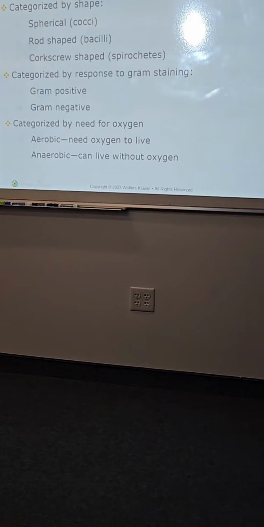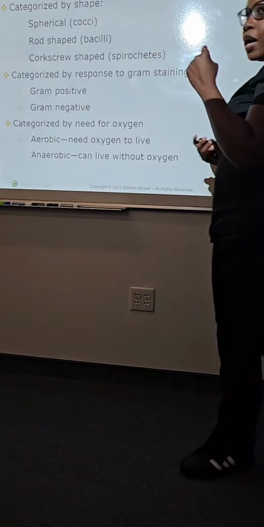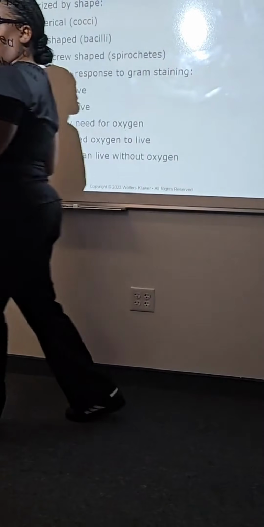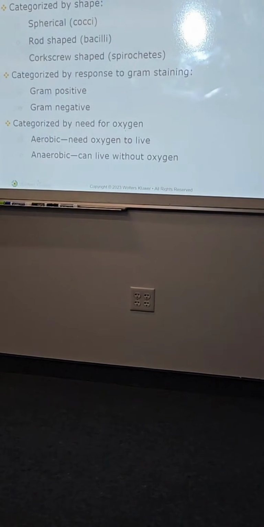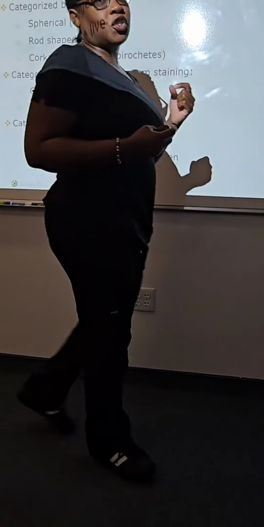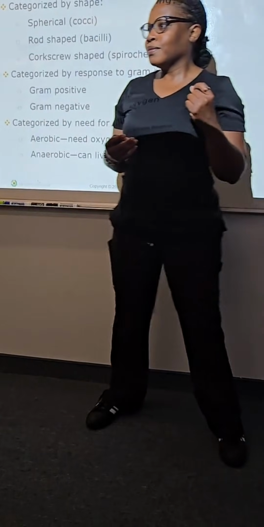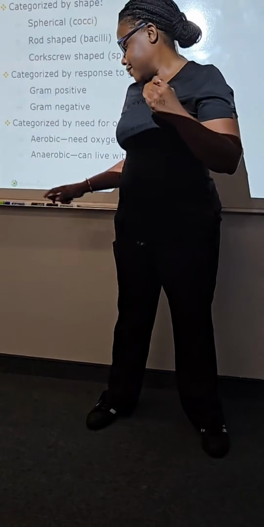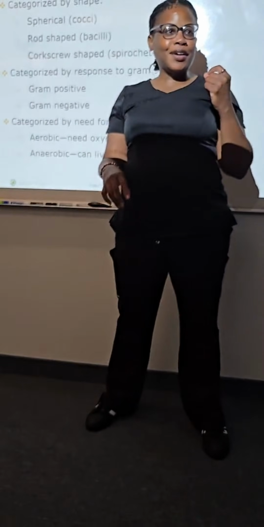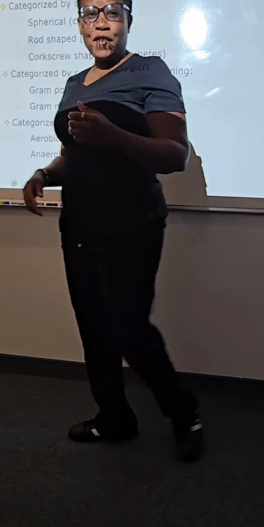If the bug is an aerobic bug, what does that mean, Shayla? Aerobic. If it needs oxygen to live, what is your treatment going to be? Don't give it oxygen. Suffocate the thing.